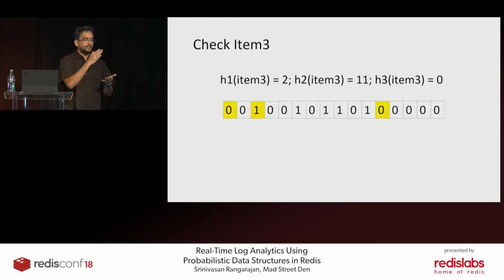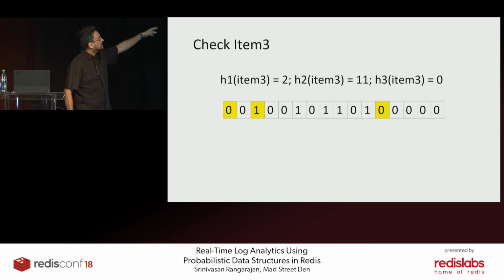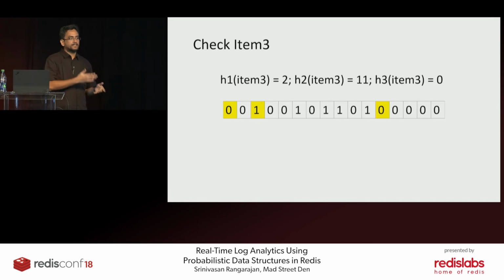I check the positions that those 3 hashes return. In this case, I say item 3, the hash values returned are 2, 11 and 0. I check for those positions. It shows that 2 of those positions are 0. That means that we have never seen this item before, right? So this shows that this item has never been in our set.